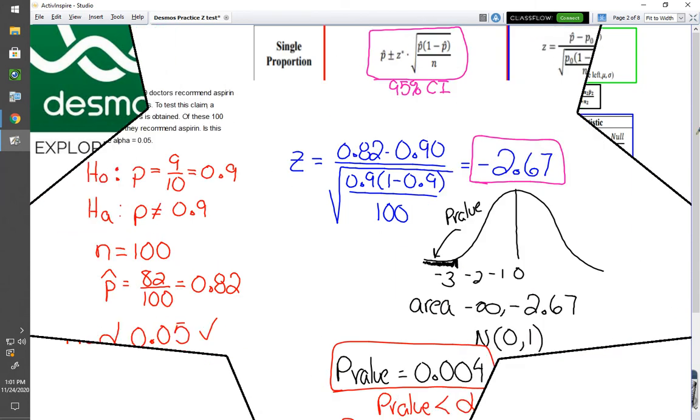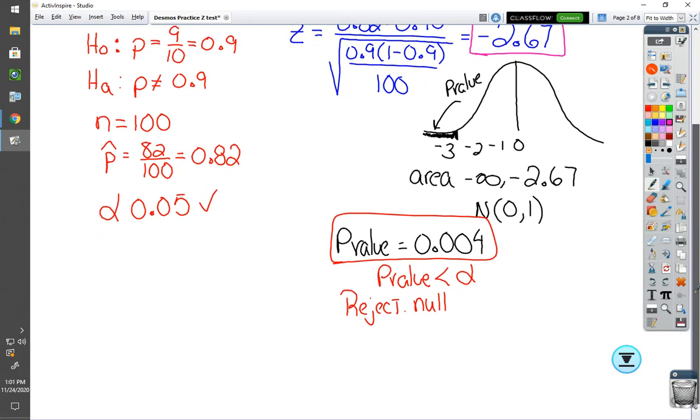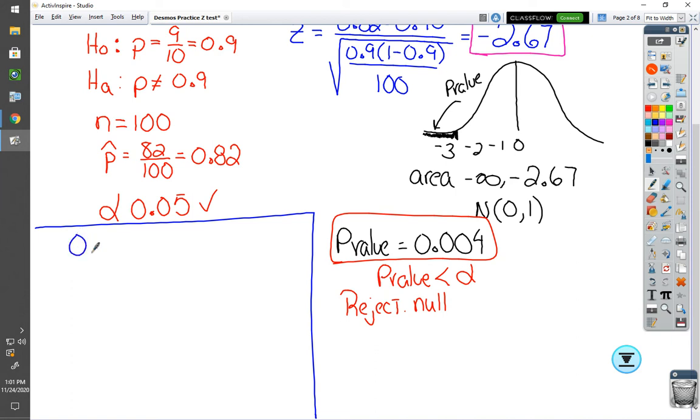So I'm going to go back and make those calculations in here. I'll change colors. I'm trying to determine where my standard levels should be. I take the test statistic at 0.82 p hat. I add and subtract the z star value, which is 1.96, multiplied by the square root of p hat times 1 minus p hat, all divided by 100.